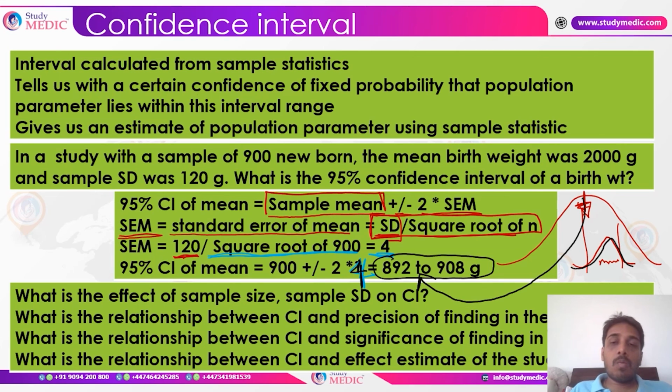Sometimes the other important things that the confidence interval tells us are the following. We can also find out the effect of sample size and sample standard deviation on confidence interval. We can also find out the relationship between confidence interval and precision of the finding in the study, the relationship between confidence interval and significance of the finding in the study, and the relationship between confidence interval and effect estimate, or effect size of the particular study.